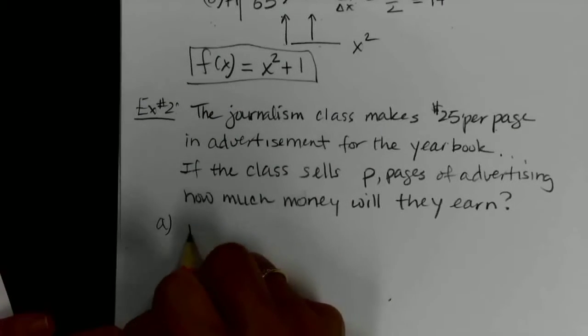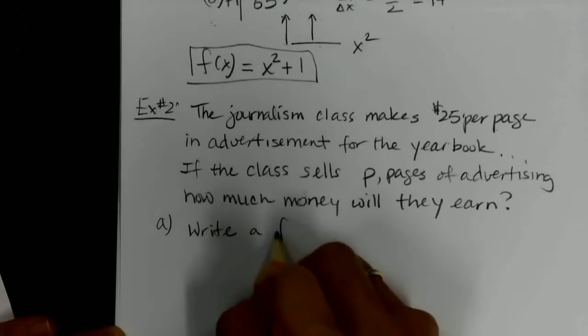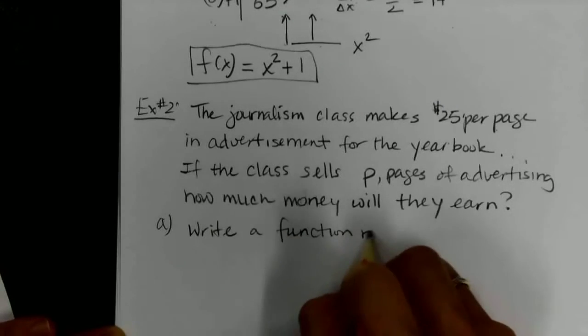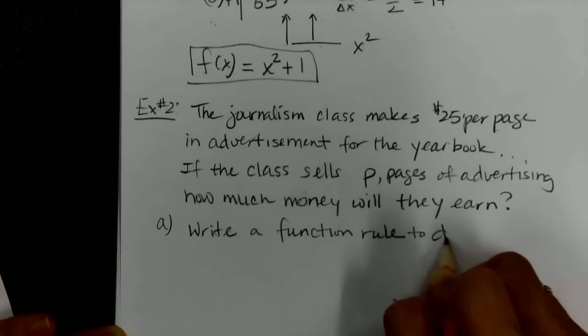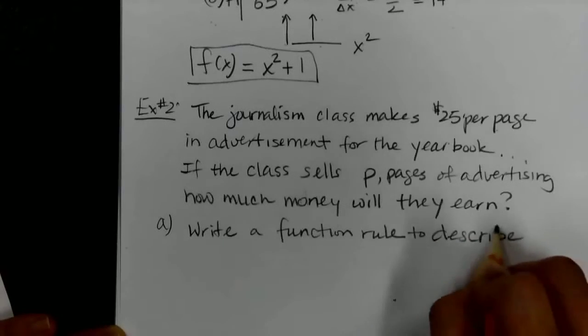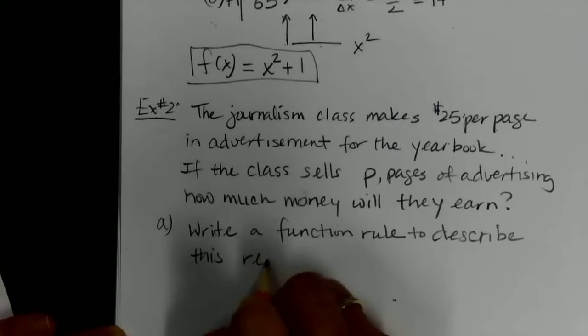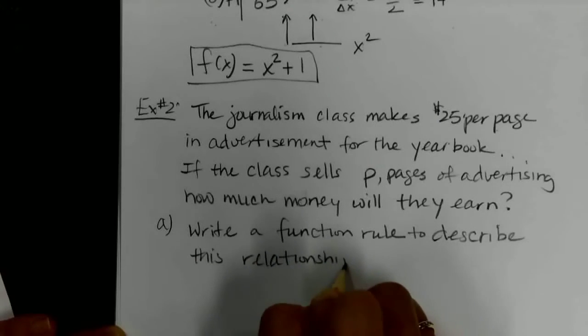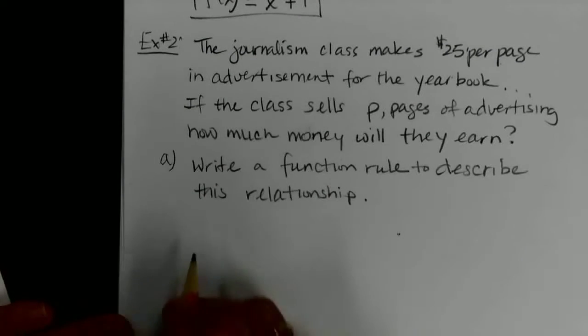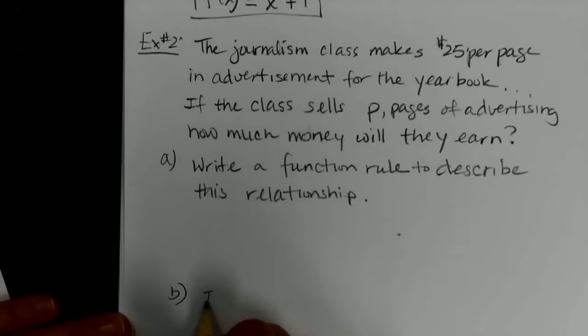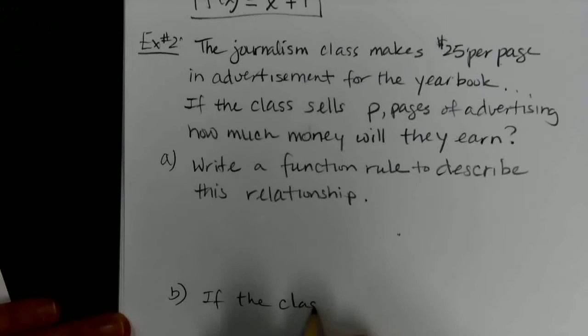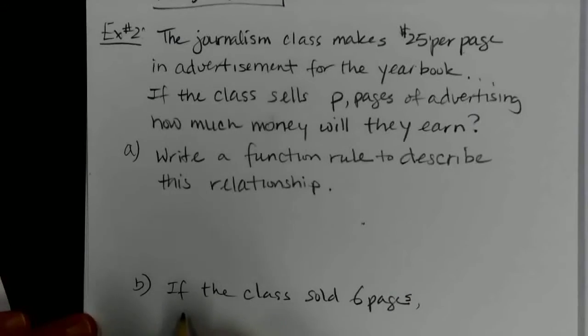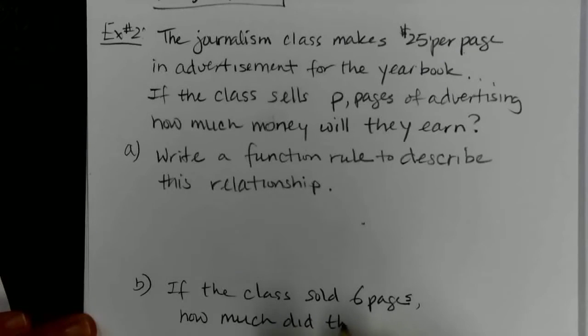So in part A, what we want to do is write a function rule to describe this relationship. And then the second part is, if the class sold 6 pages, how much did they make?